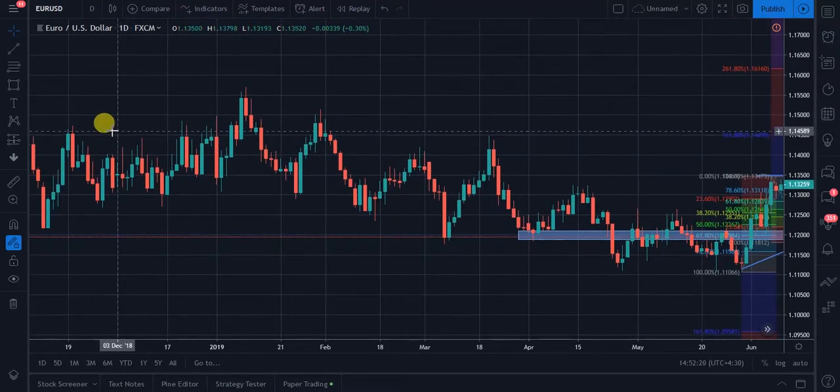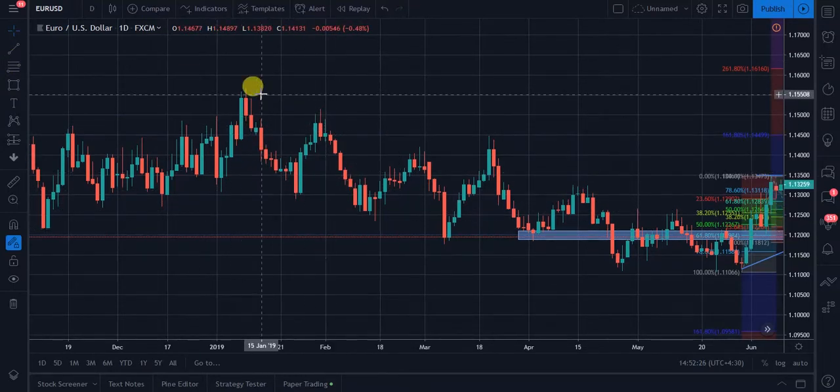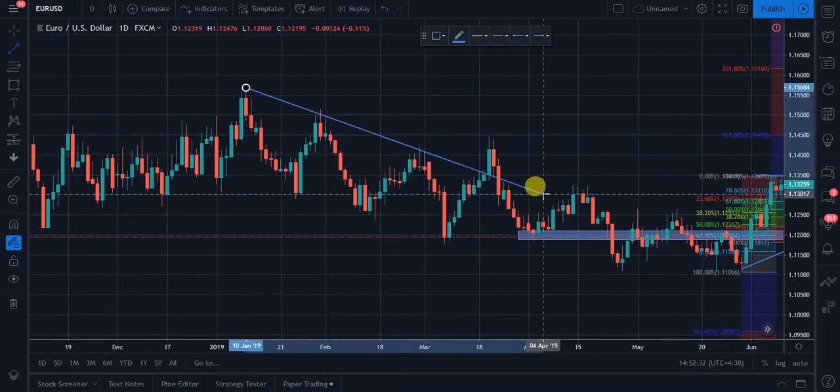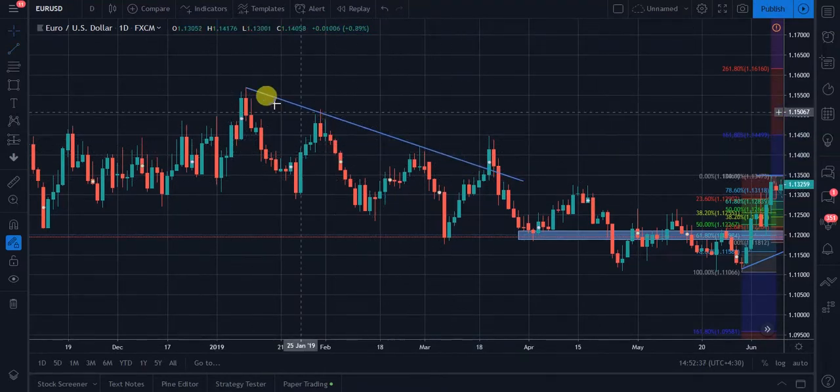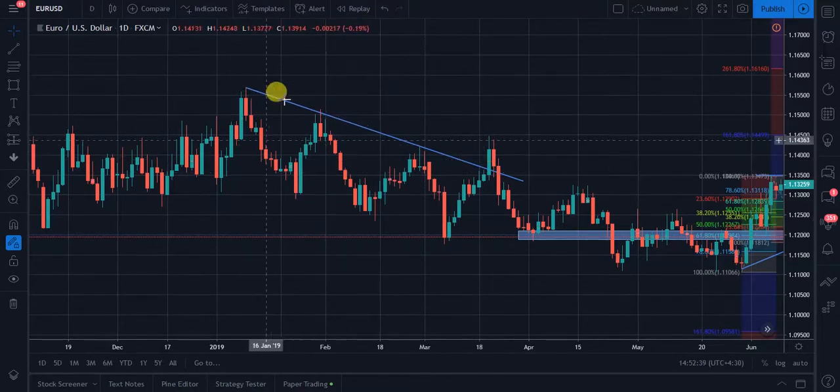identify other Fibonacci retracements. For example, here are some highs and some lows, because here we can clearly see this is a downtrend with its trend line. These are highs.